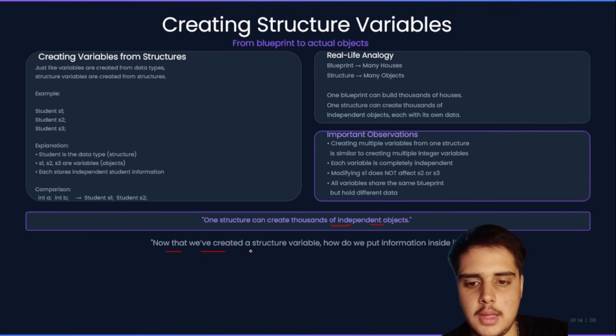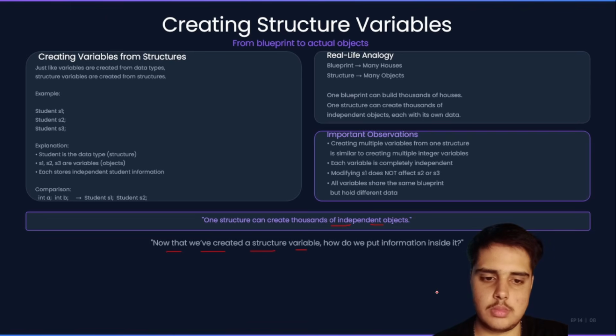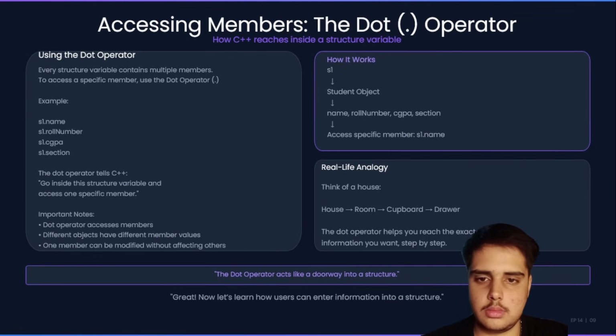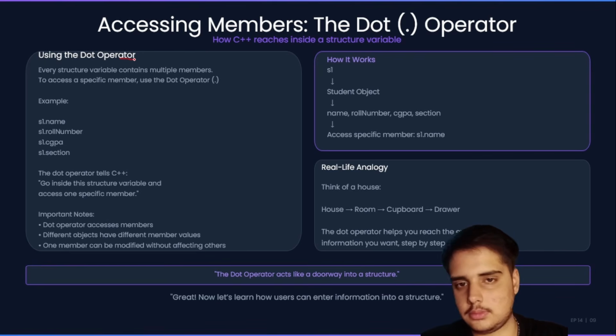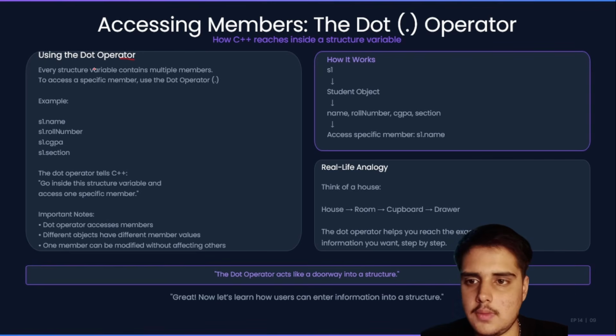Now that we have created a structure variable, how do we put information inside it? Accessing members: the dot operator. Very important. C++ reaches inside a structure variable by using the dot operator. Every structure variable contains multiple members.